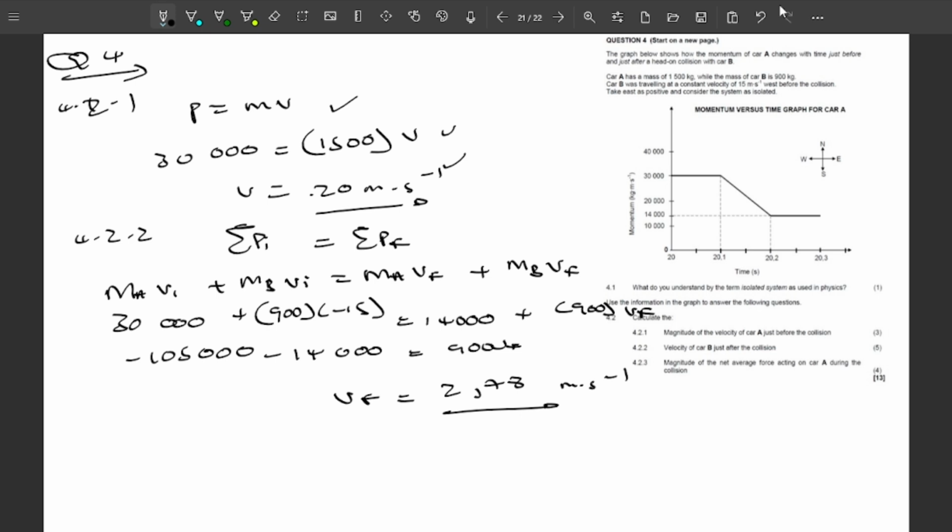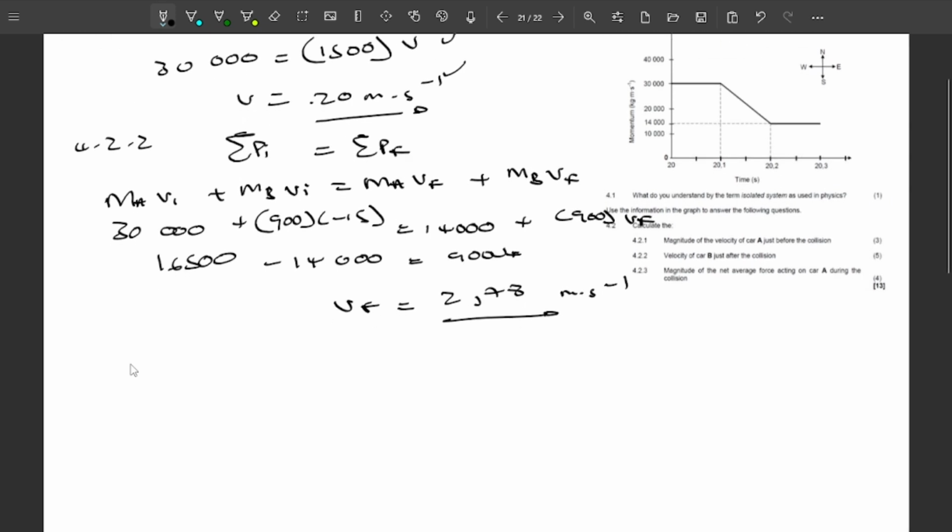Here, this one is not 5, it is 6 5 hundred, and it's not negative. And this answer is divided by 900. Alright, so this is the answer, this is the VF, I just made a mistake here.